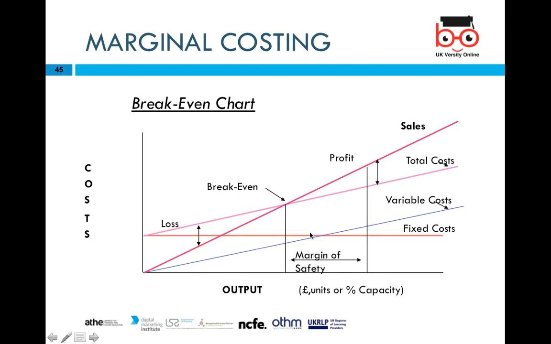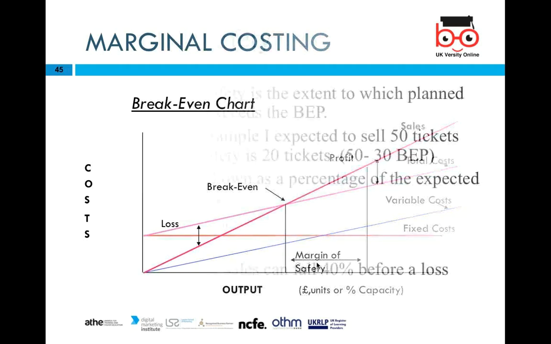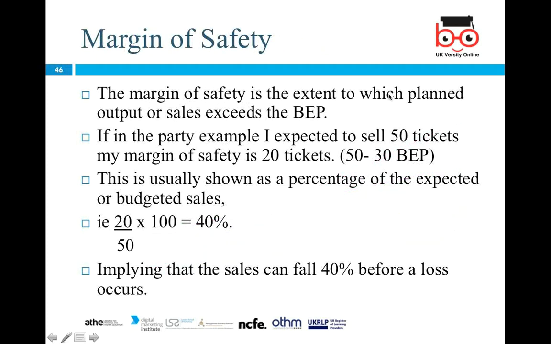Now we will see our margin of safety, because we want to sell our units after the break-even point. So we need to see our sales after this point; this is our cost line, and this is our sales line. This is our margin of safety.